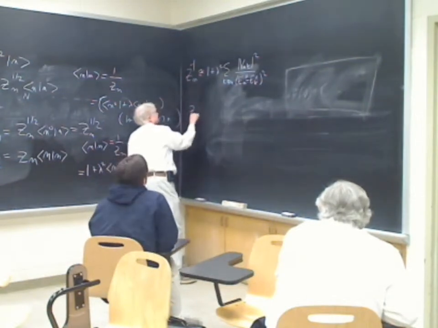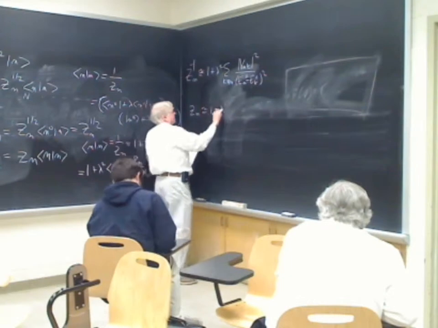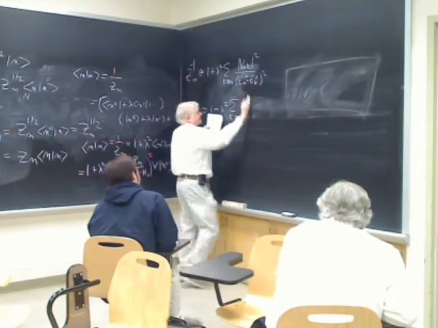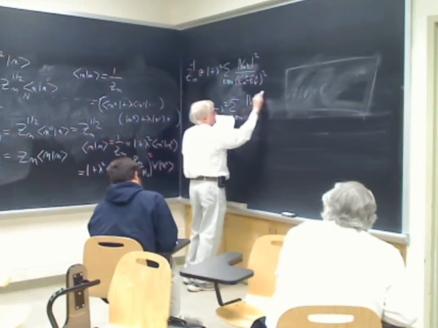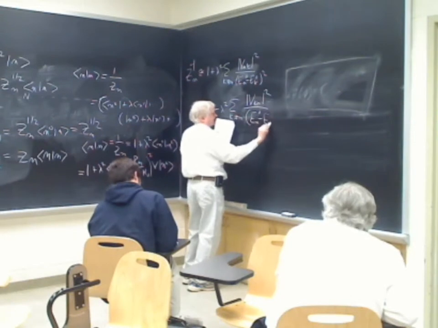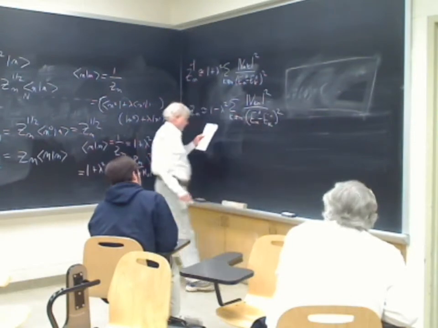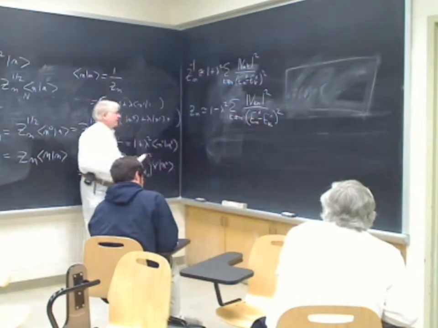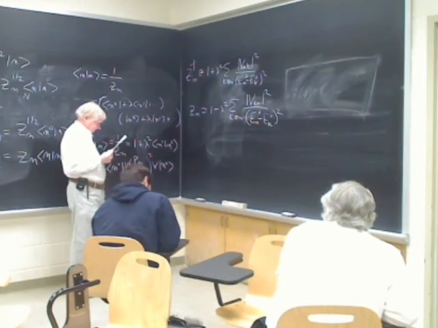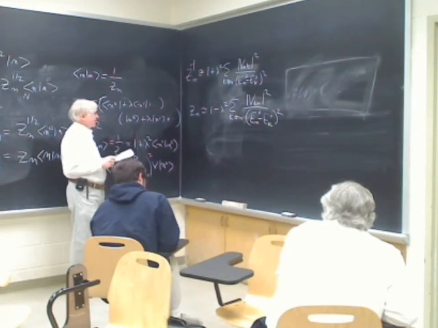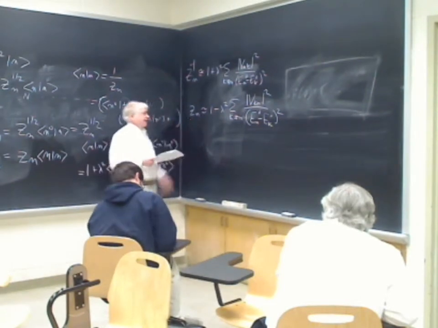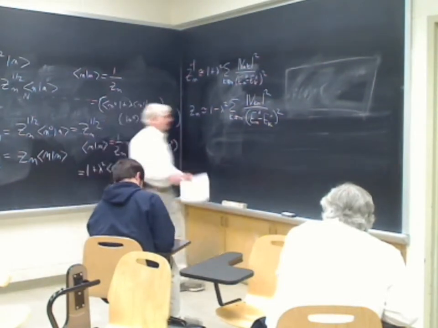So that tells us that Zn is approximately 1 minus lambda squared times the same thing, k not equal to n, Vkn epsilon squared over En0 minus k0 squared. So that's our expression for Zn. As lambda goes to 0, it just goes to 1. And it's also clearly less than 1.